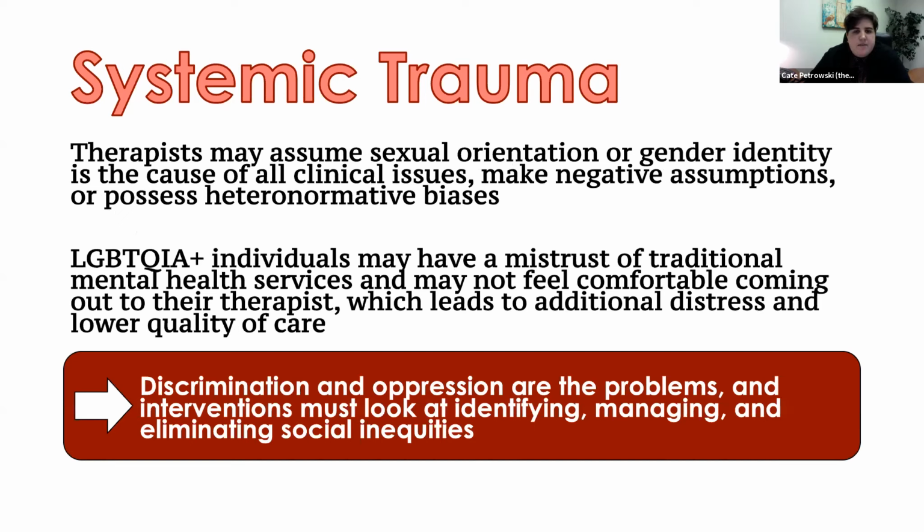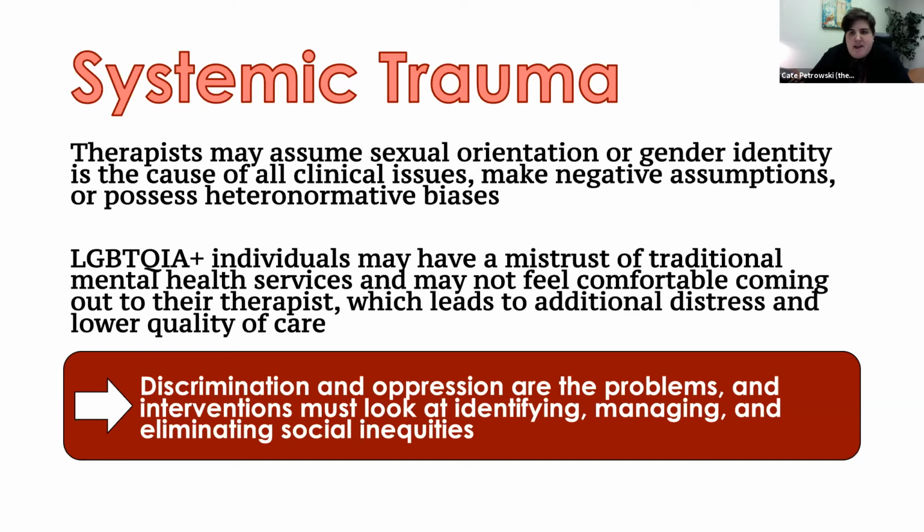It's important to acknowledge that therapists, for example, might cause harm by assuming somebody's sexual orientation or gender identity is the cause of all their clinical issues, always trying to relate somebody's challenges or difficulties back somehow to them being gay, for example.